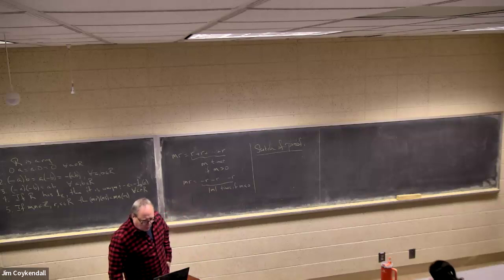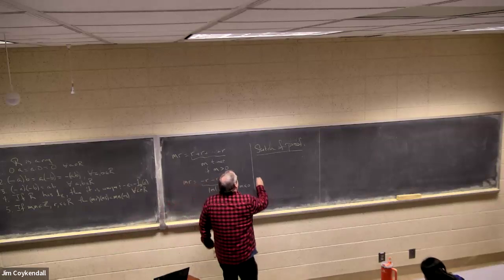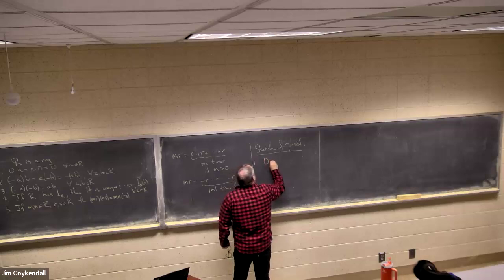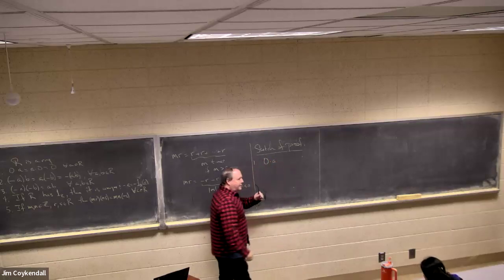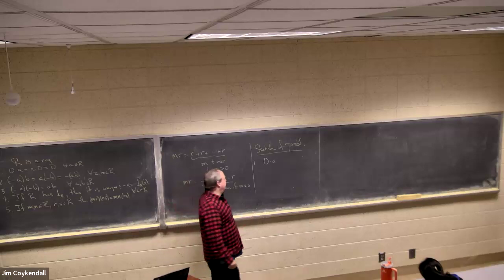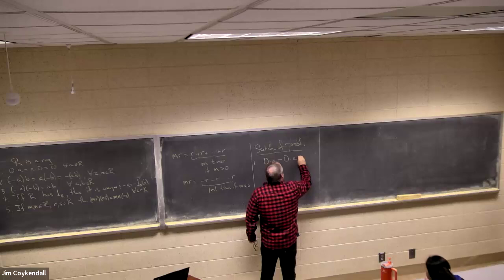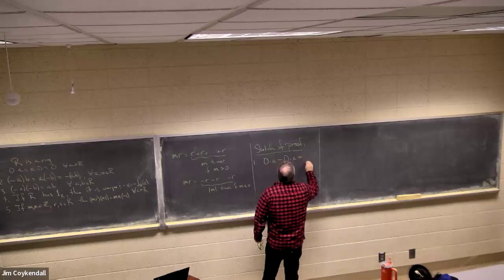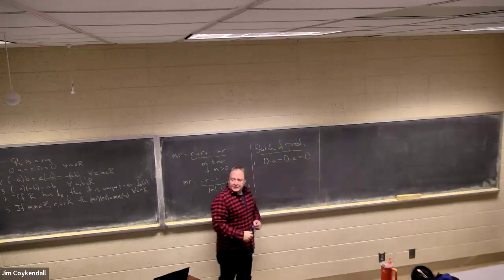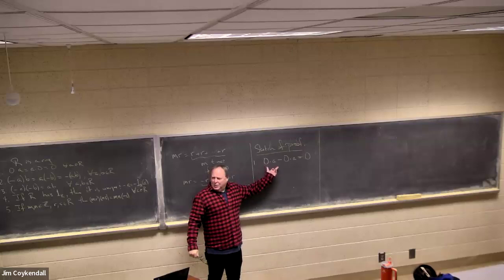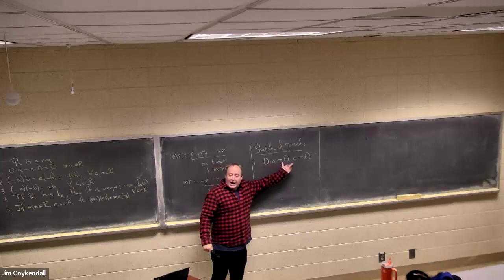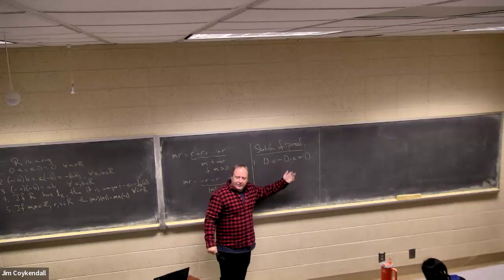For example, if we look at 1, if you look at 0 times A, it's some element of the ring. This should be 0. I don't know what 0 times A is at this point, but it's some element of the ring. And when I subtract that, the additive identity is 0.